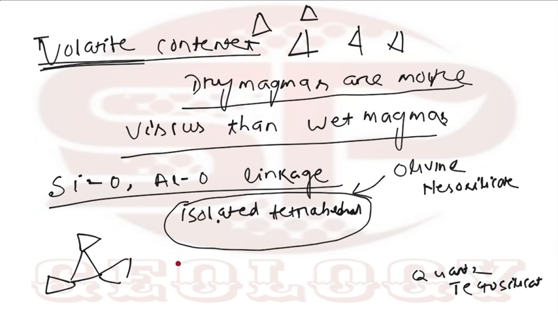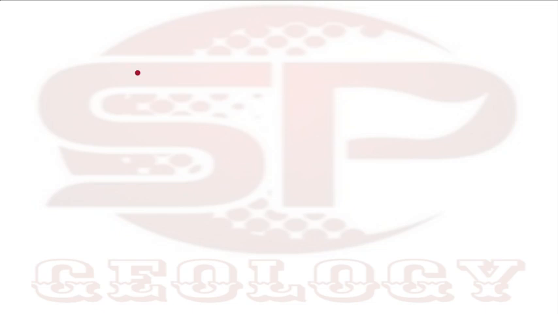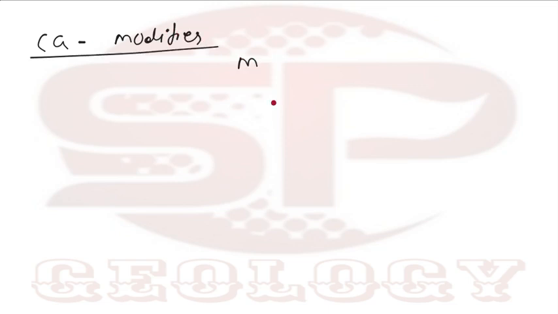Next, there are some cation modifiers like Mg, Fe. Those are present within the structure of the silicate.